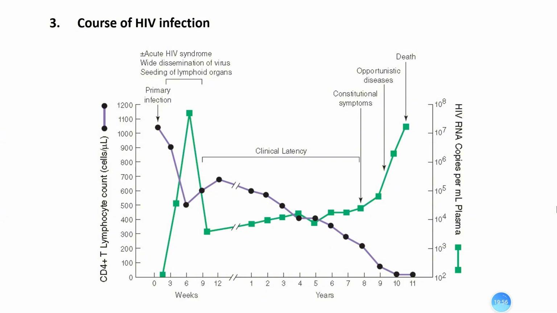Then after about 9 or 10 years, the viral load would increase again. And at about 10 years, the patient would develop a lot of symptoms. And that is the phase we call AIDS. So AIDS, S means syndrome, a lot of symptoms.